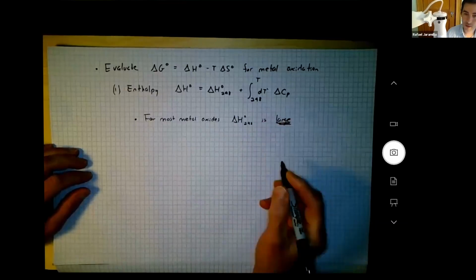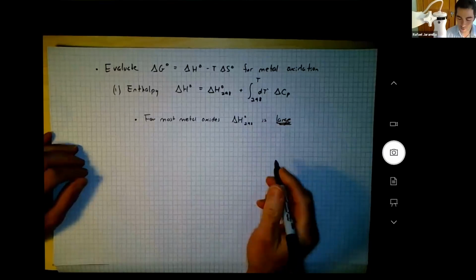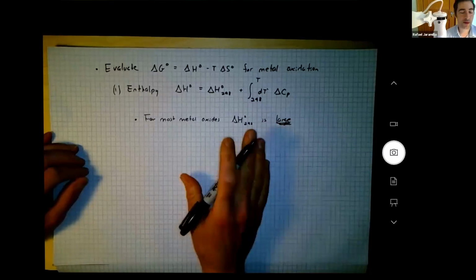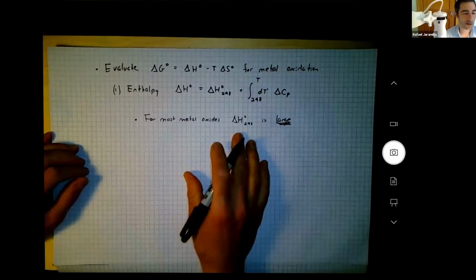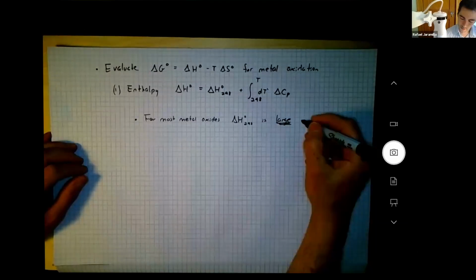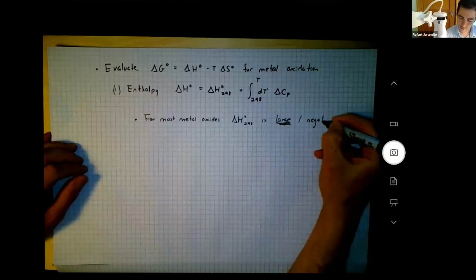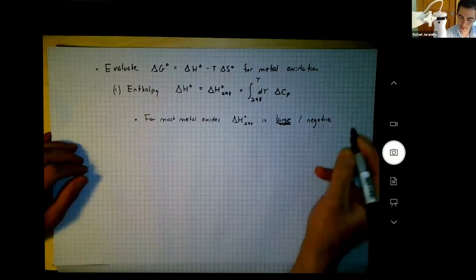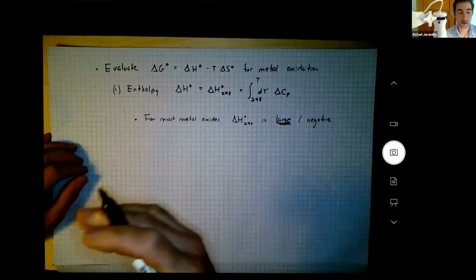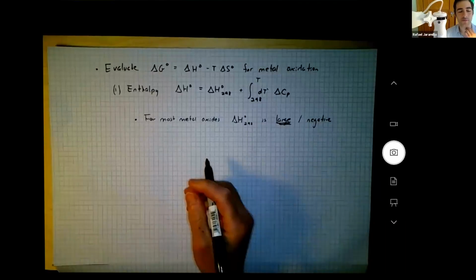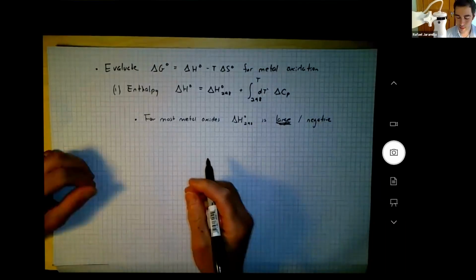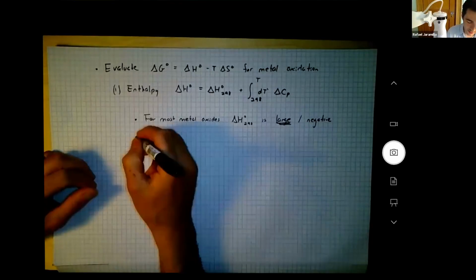These are energetic reactions. Why would the enthalpy of formation of an oxide be large? Does somebody have a sense for why that should be? I'll give you a hint: it's large and negative. It's large in the negative direction. What reaction are we talking about here?